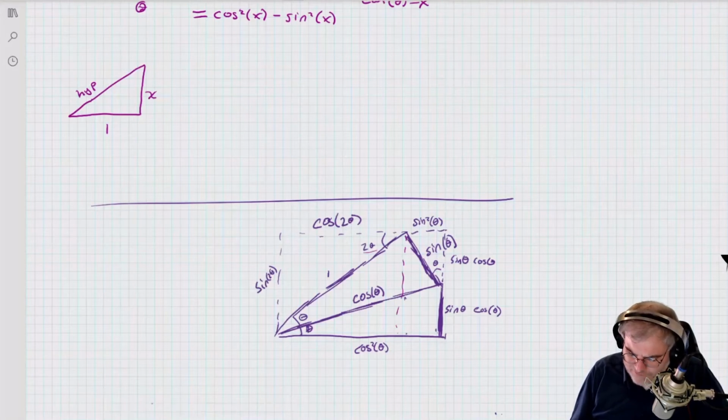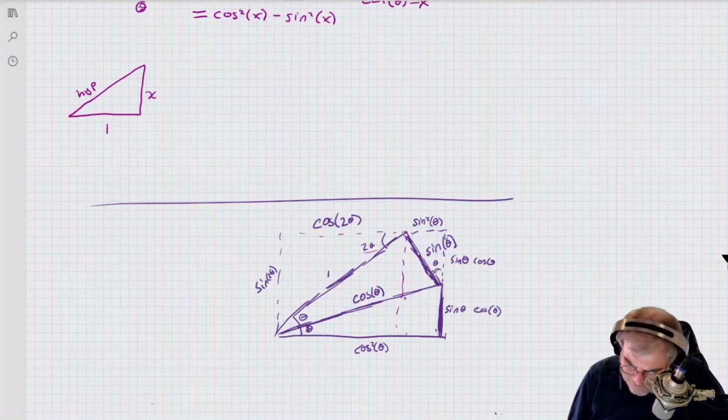This thing right here was 1. So I wind up with the cosine of 2 theta, which is this distance here. This right here is theta, because this is a triangle that is similar to this triangle. So this is theta right here.